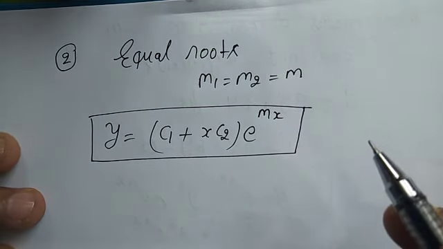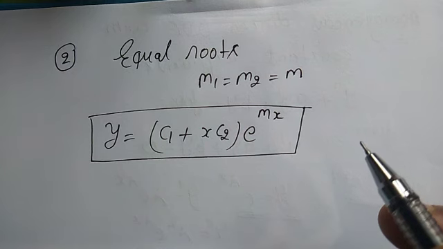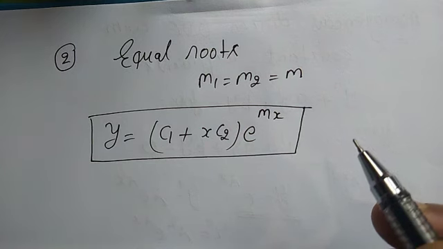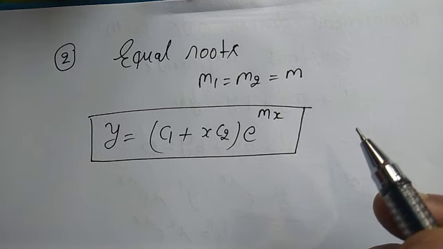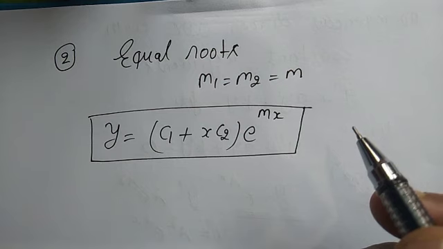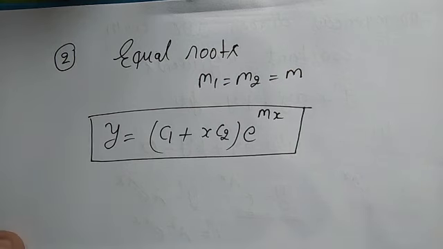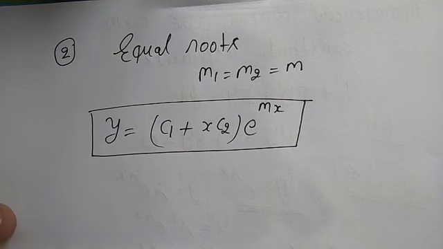So this is the general solution. In the last video I explained that in the general solution the number of arbitrary constants is equal to the order of the differential equation. Here we have a second order differential equation, so we are getting two arbitrary constants. So this is the general solution.